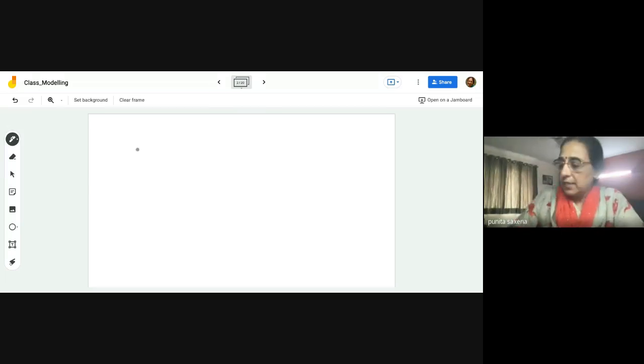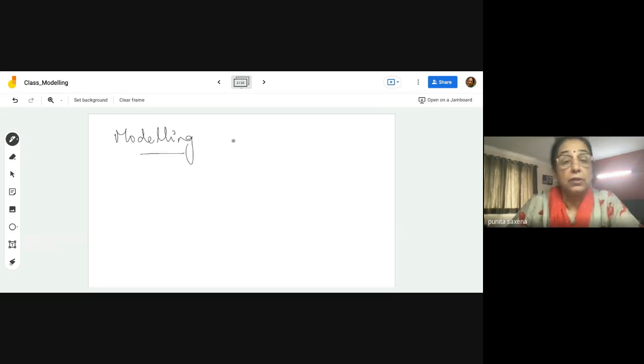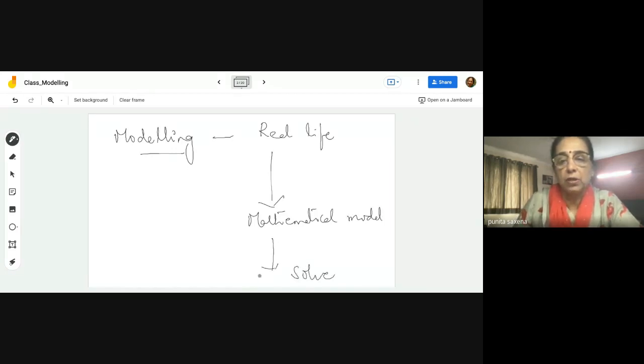So, as I said, when we are modeling, what does that mean? We have a real life situation. We are converting this real life situation into a mathematical model or problem. Then we are solving this mathematical model, and then we are interpreting the solution.